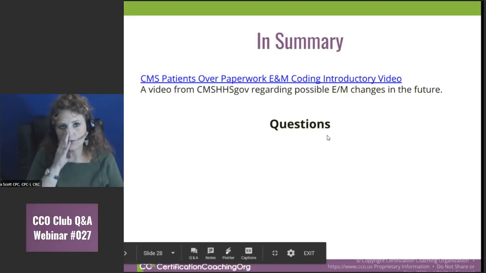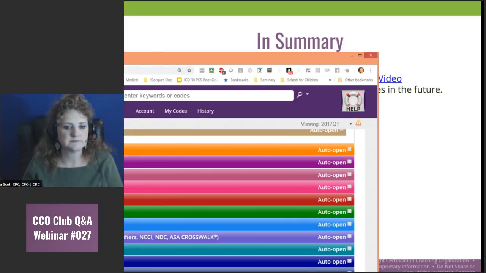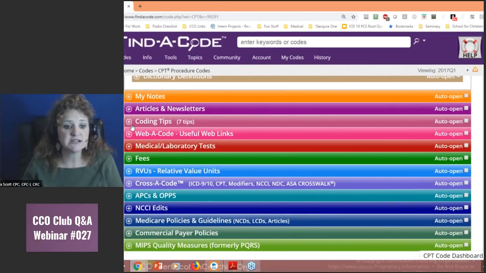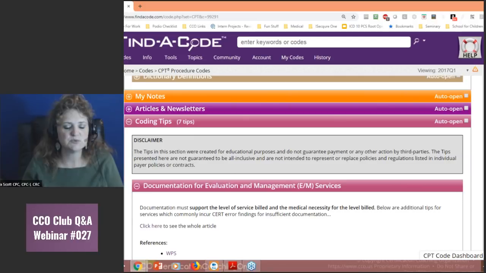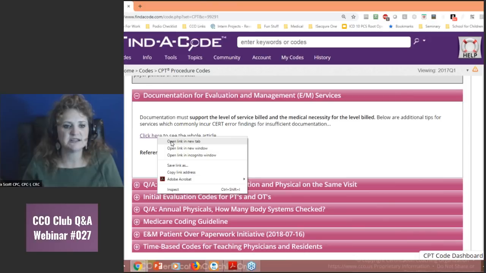Now, to wrap up, before we get to the questions that you've got over there, when I was looking at Find a Code, let me just bring Find a Code back over for that. Like I said, these coding tips, you can look at them. This is where I got that WPS article, and let's see if it'll open for me easily.